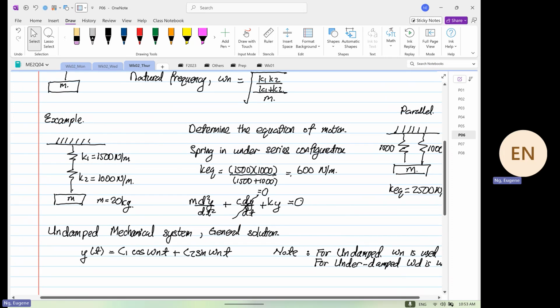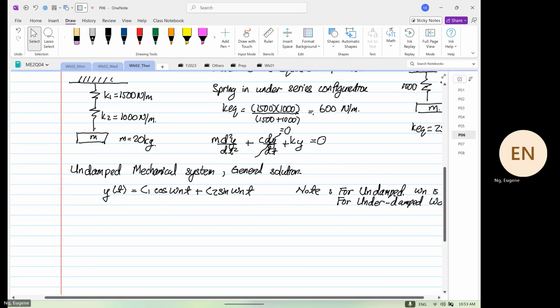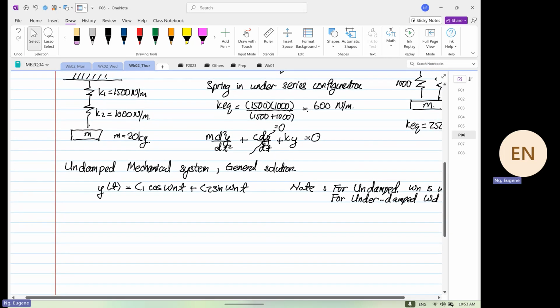Okay, so from here, next we have to calculate omega n, which is equal to the square root of our K equivalent divided by our mass. Our K equivalent over here is equal to 600.